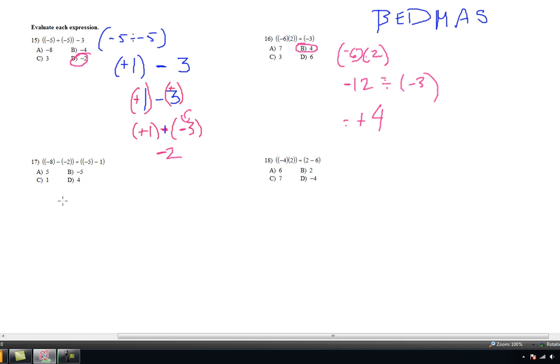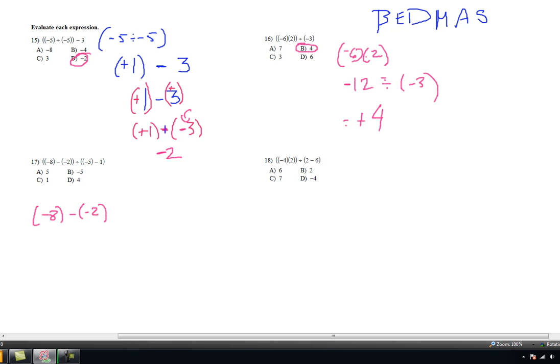Alright, so number 17. Okay, so here we have two brackets that we're dealing with. In this first bracket we have -8 subtract by -2, and then that's divided by another set of brackets which has -5 subtract by 1. So let's work with this first bracket here, this -8 subtract by -2.